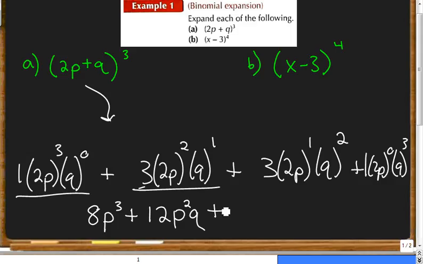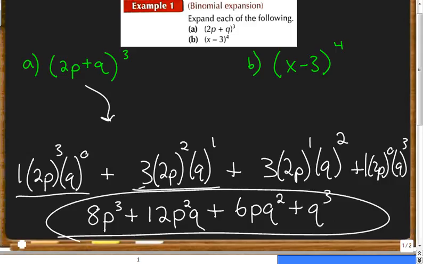We're then going to have 3 times 2, so it's going to be 6pq squared. And then finally, we're going to have plus q cubed. So that's the answer to our first part. Again, the 2 makes things a little bit weirder, but at the end of the day, this is what you're going to end up with.